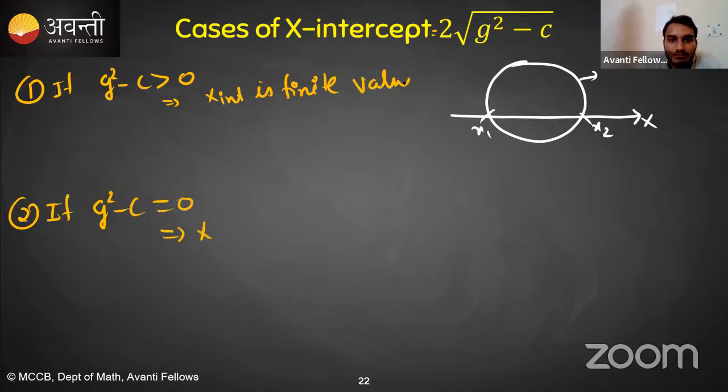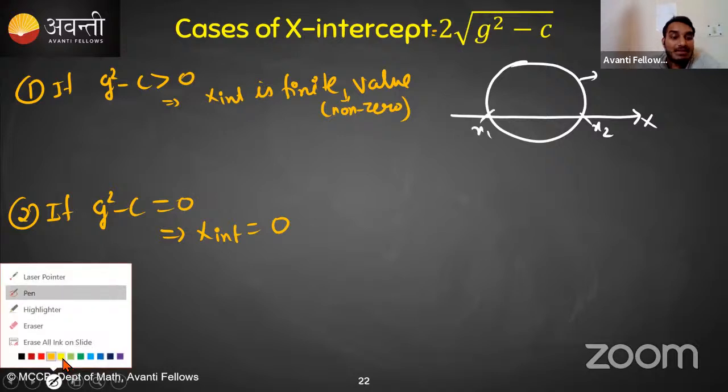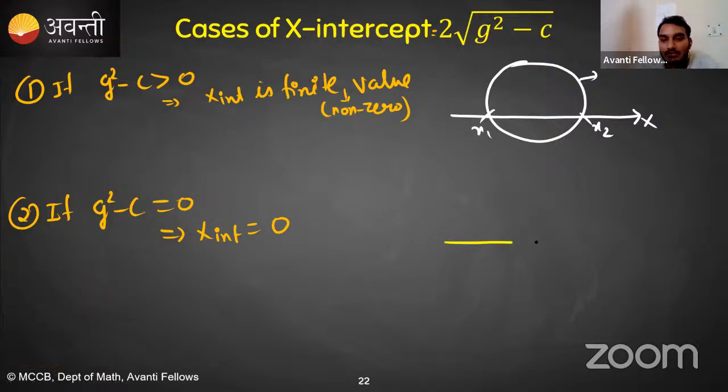Similarly, the second case is if g square minus c is equal to 0. Then the x-intercept is 0. Can someone tell me what it means for the x-intercept to be 0? It means the circle is not cutting at two distinct points.